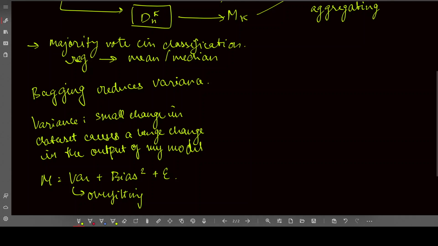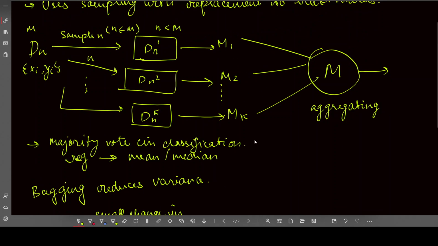It's important to note that bagging reduces variance. How does it do that? If my actual data set Dn changes a little, the change will not be translated to all of these models. It'll be translated to only some of them, because I've taken a sample of the data points from my original data set Dn into Dn1, Dn2, all the way to DnK. So when I change my original data set a little, not all of these subsets get affected.